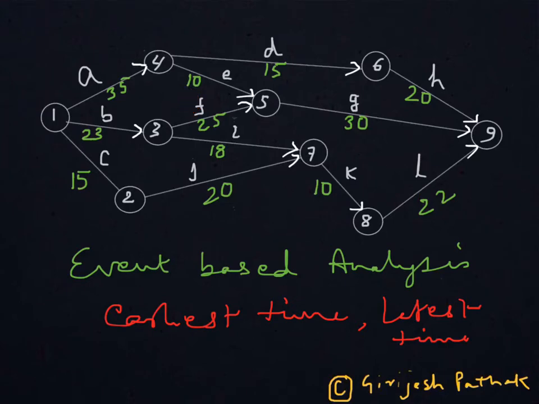So for that event you will have an earliest time and a latest time, and let us calculate how we can find these times. The method is that for the start event, that is the node at which no activity ends, the earliest time we take as 0.